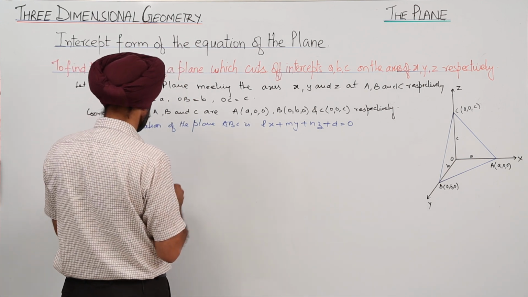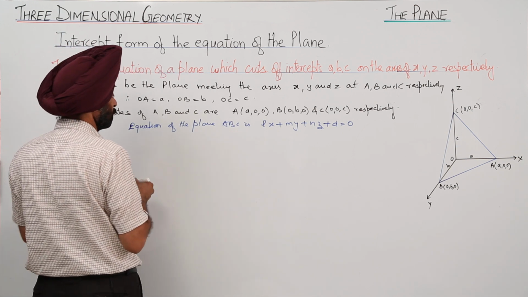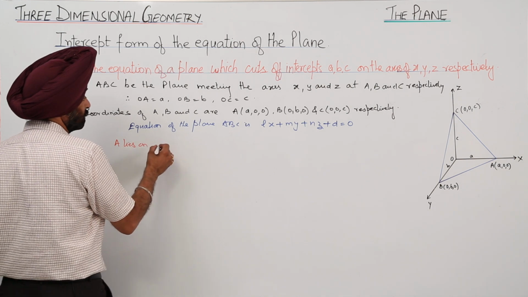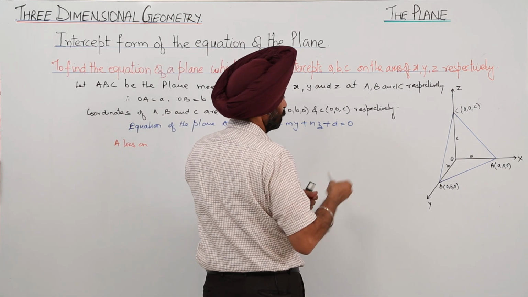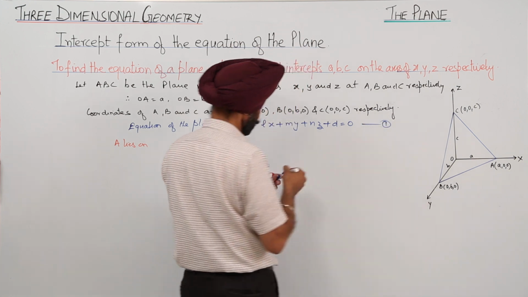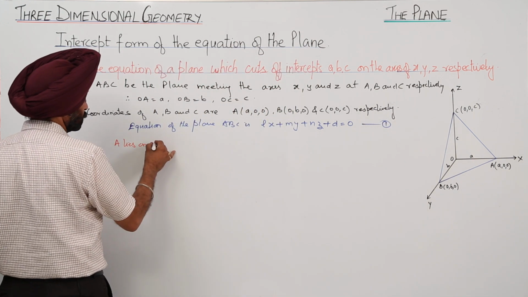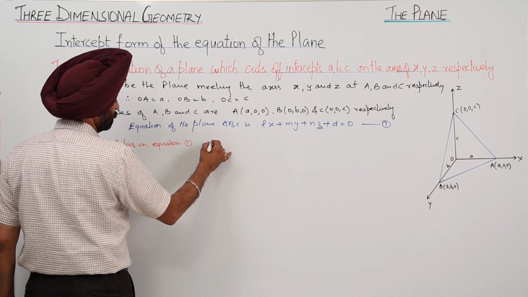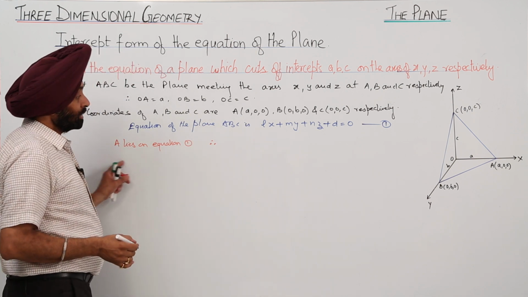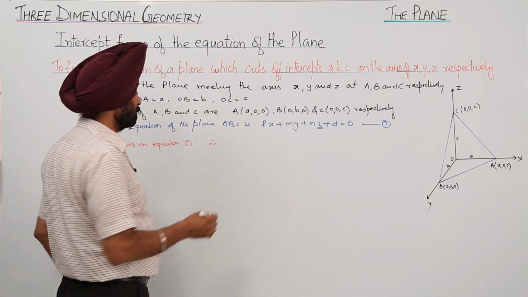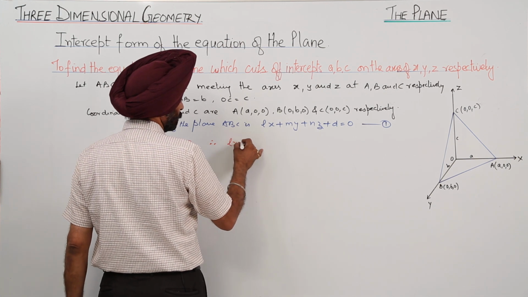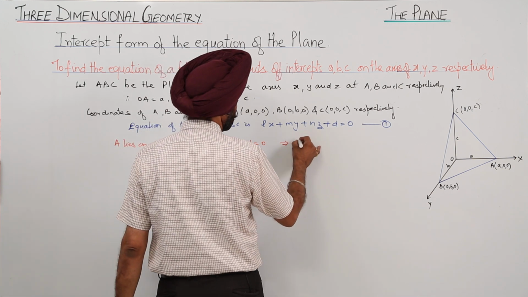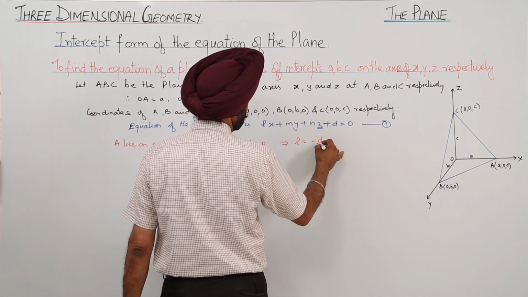So, we have written Lx plus My plus Nz plus D is equal to 0. Let this be equation 1. Now, A lies on equation 1. Therefore, the coordinates of A being (a, 0, 0), we have La plus D is equal to 0, and this implies L is equal to minus D upon a.